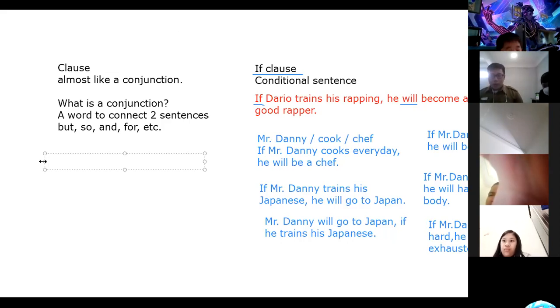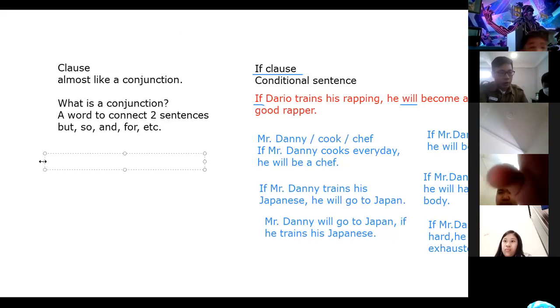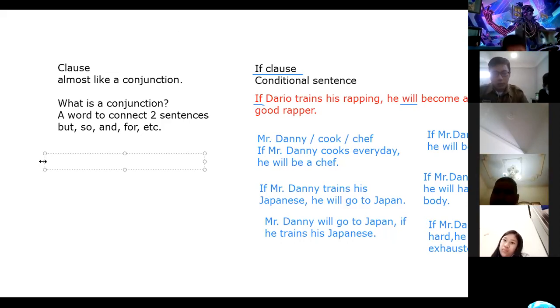So there are other clauses that we can use, but usually for something with clauses, we just use if for something that probably will happen in the future. But there are time clauses. This is just a little bit of information, okay?